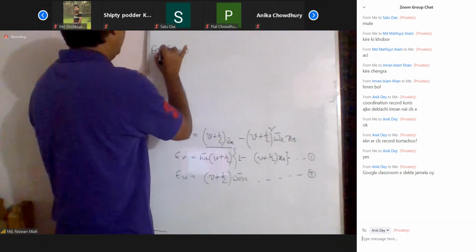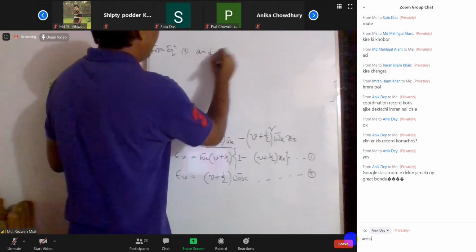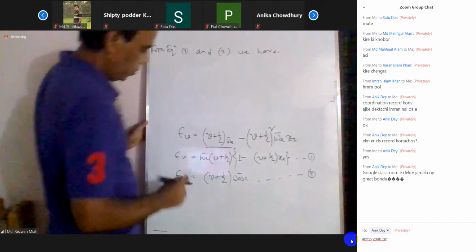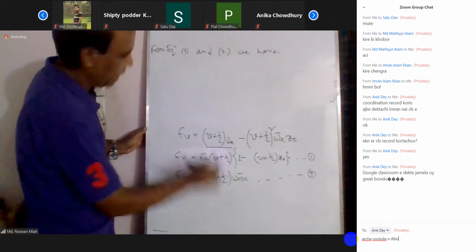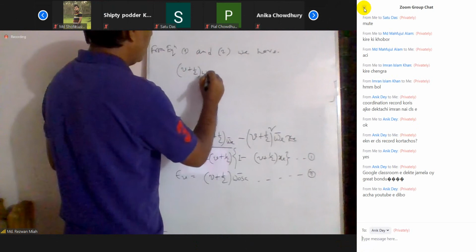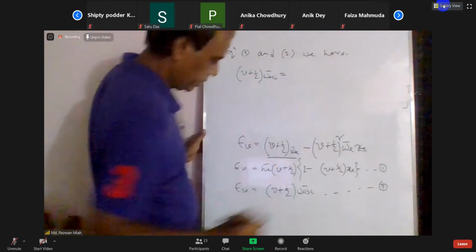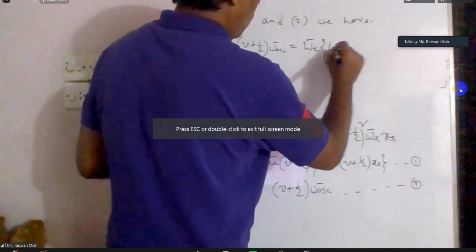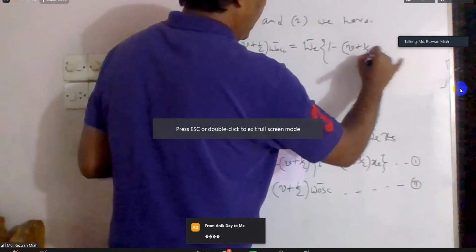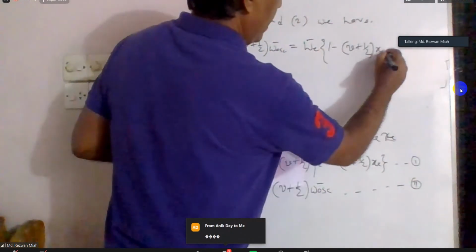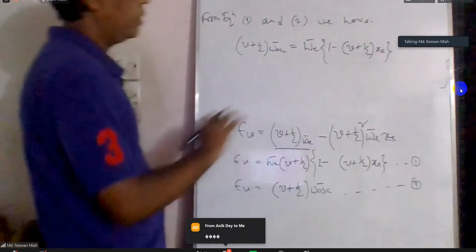From equation 1 and equation 2, the left sides are equal, so the right-hand side will also be equal, that is, 1 omega E bar, 1 minus mu plus half times X E, the same.